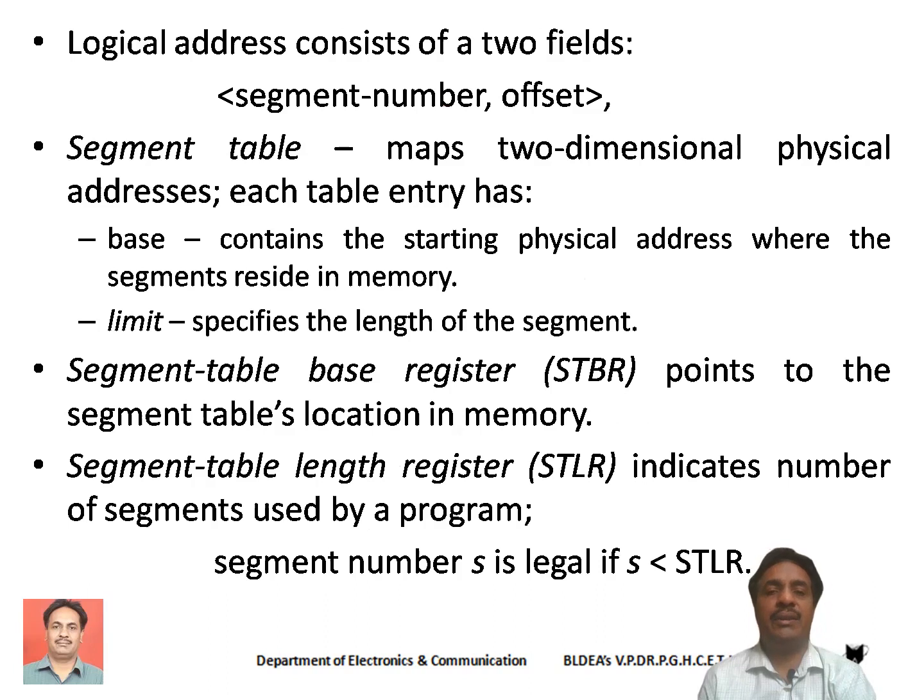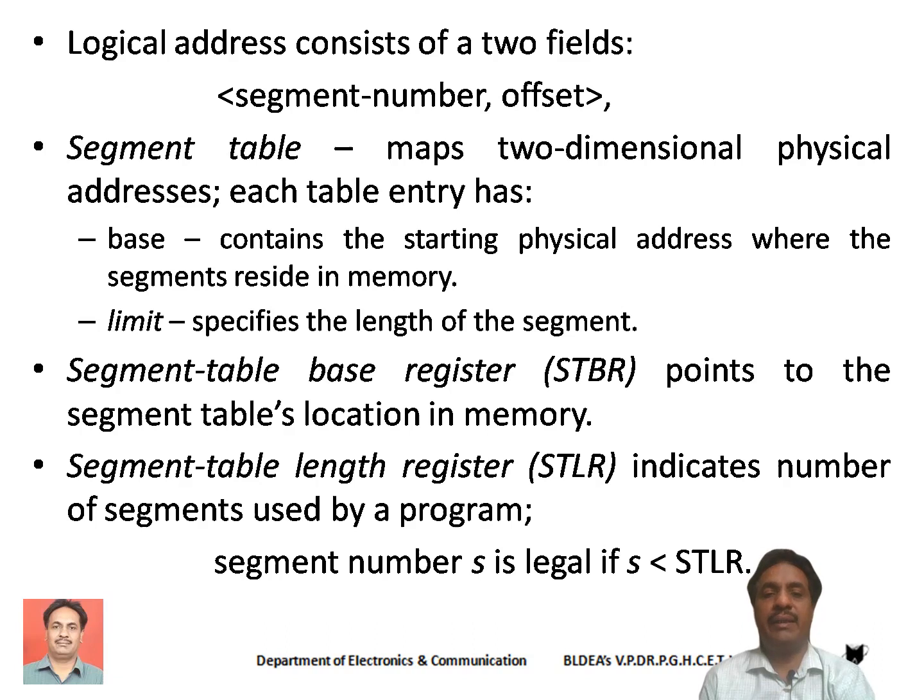As we know, the CPU always generates a logical address. This logical address consists of two fields, segment number and offset. The logical address generated by the CPU is divided into two parts, called the segment number and the offset.